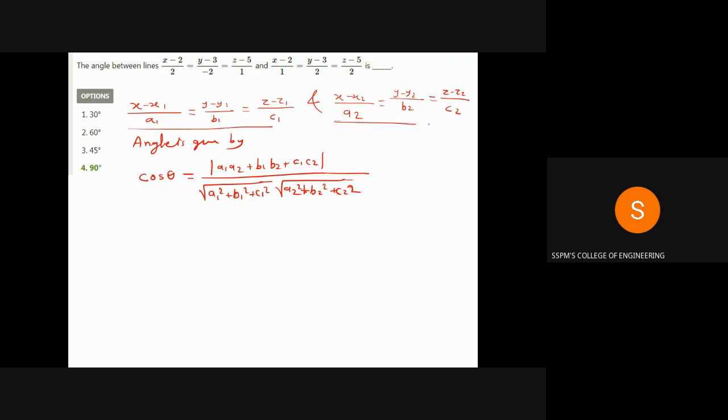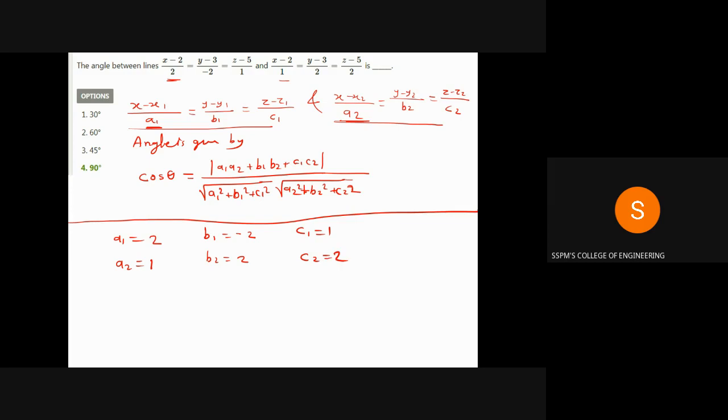Also in the question we are given the lines in a similar form. So what is a1? If you compare, a1 is equal to 2, and a2 is equal to 1. Comparing all other coefficients, we get b1 equal to minus 2, c1 equal to 1, b2 equal to 2, and c2 equal to 2.